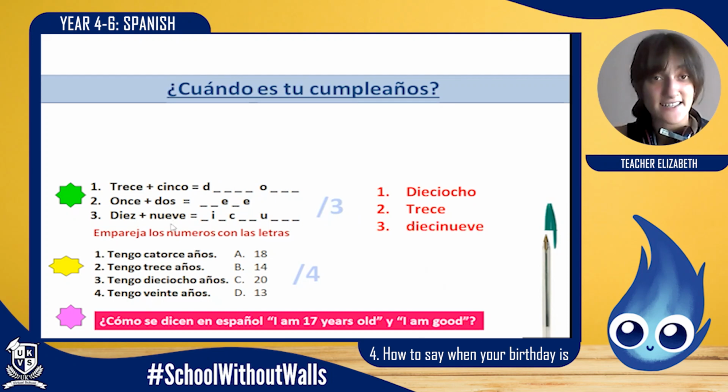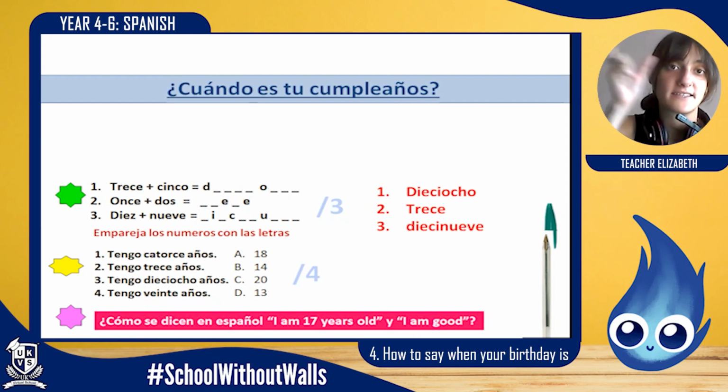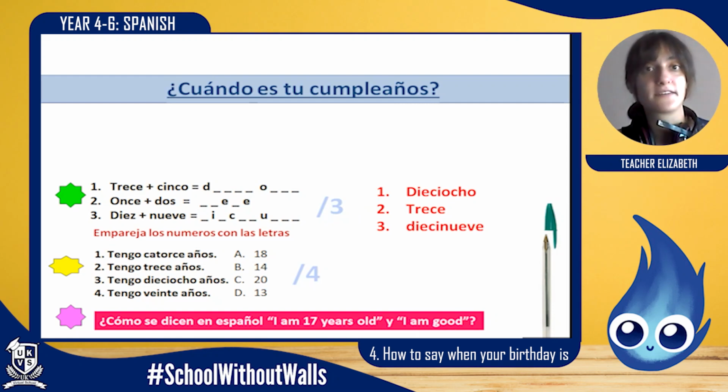This is quite easy because what happens with 16, 17, 18, 19 is we just have number 10, 10, and then we add the number. So 19. So 16, 17, 18, 19, 20.